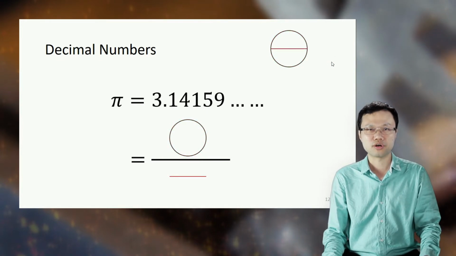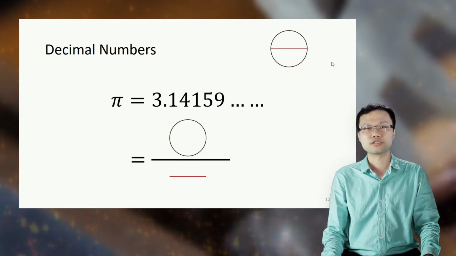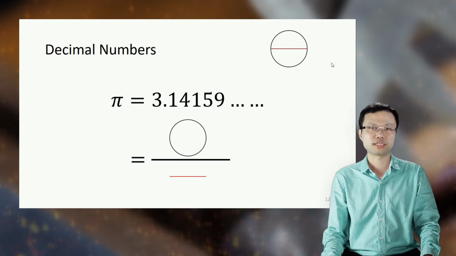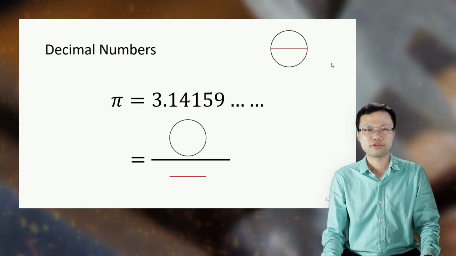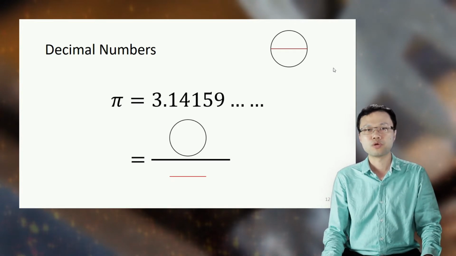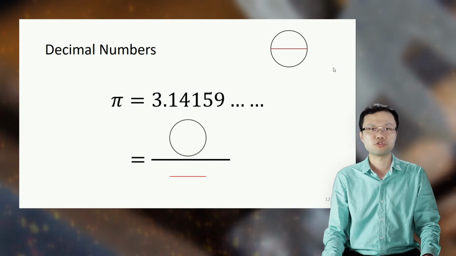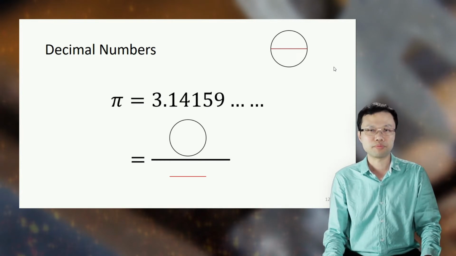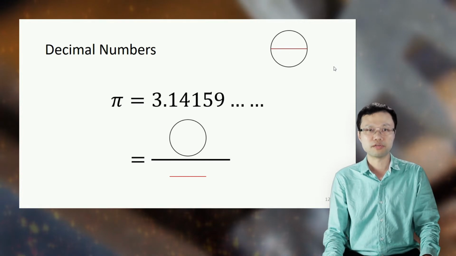The ancient Greeks thought that the circle is the perfect shape because it is extremely symmetric. However, this ratio between the circumference and the diameter requires infinitely many digits to express the exact value. It cannot be expressed in the form of a fraction.